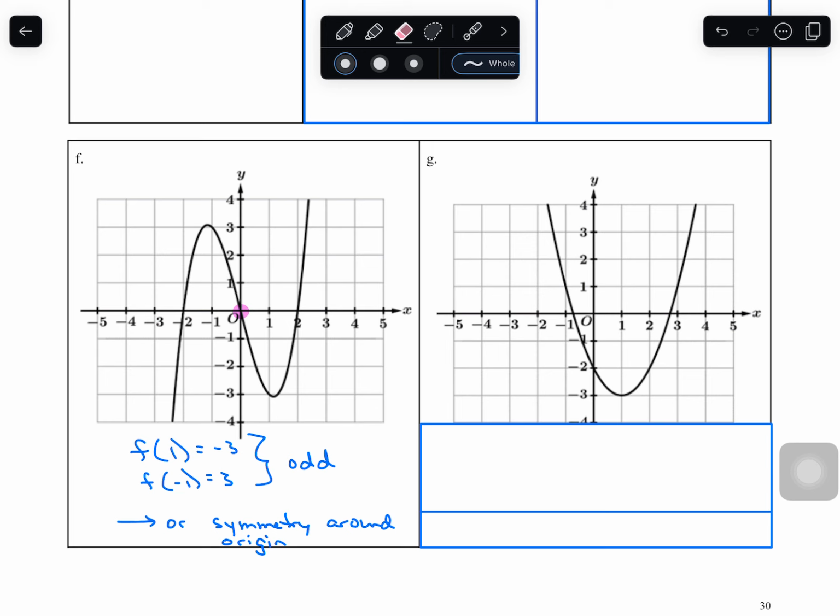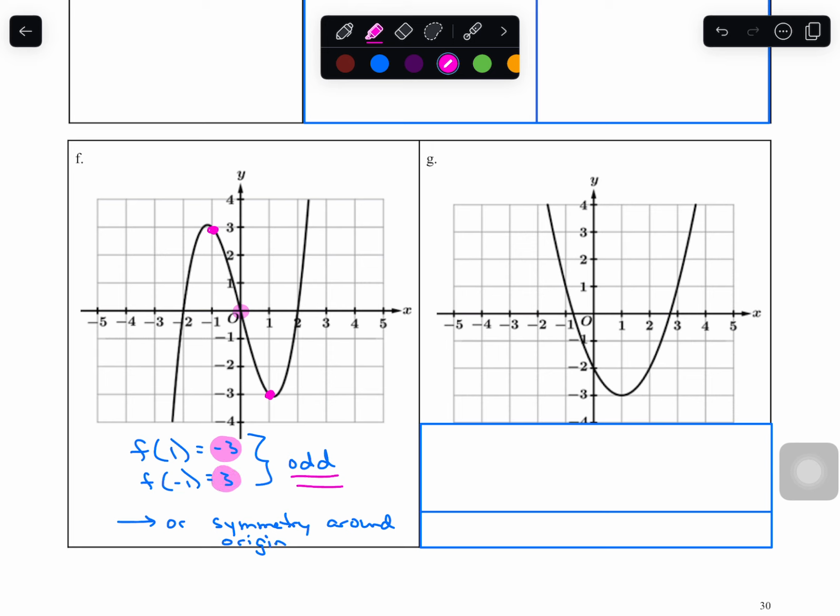But another way I look at this, and that would be my final answer, is I pick those points. So when x was 1, I got a value of -3. That's right down here. When x is 1, y is -3. And then I compare that to the opposite input, which is -1, and when I plugged that in, I got a value of 3.